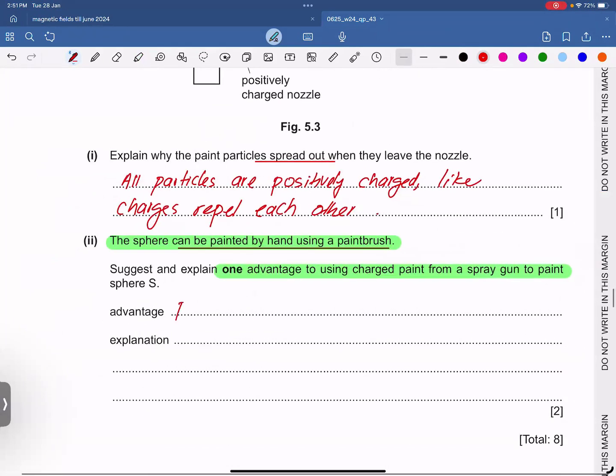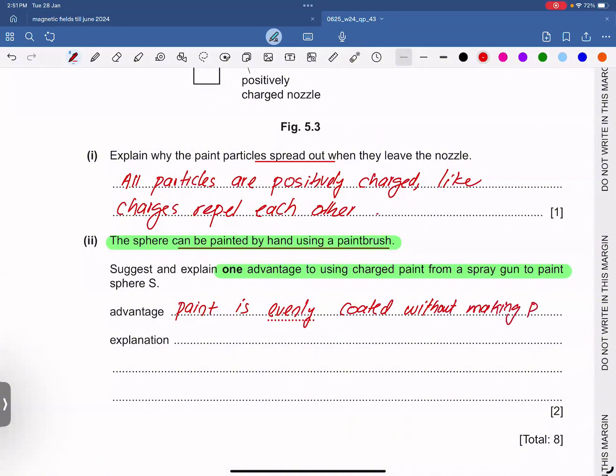So you will say paint particles are evenly coated without making patches.